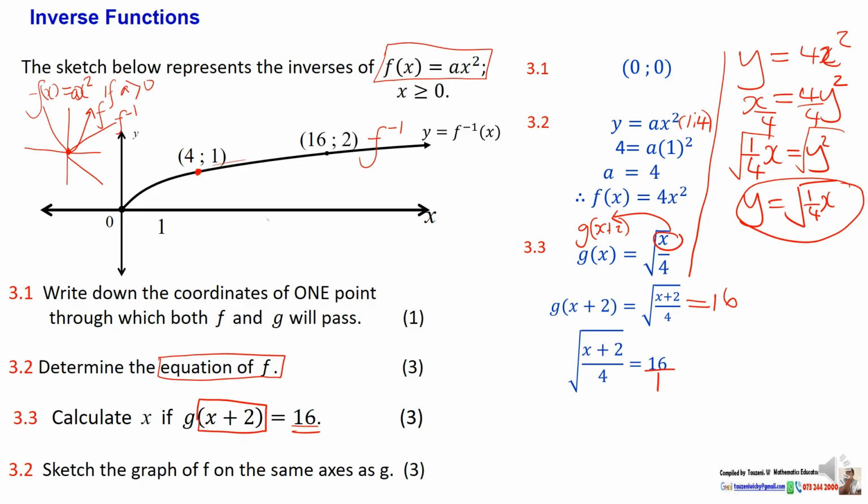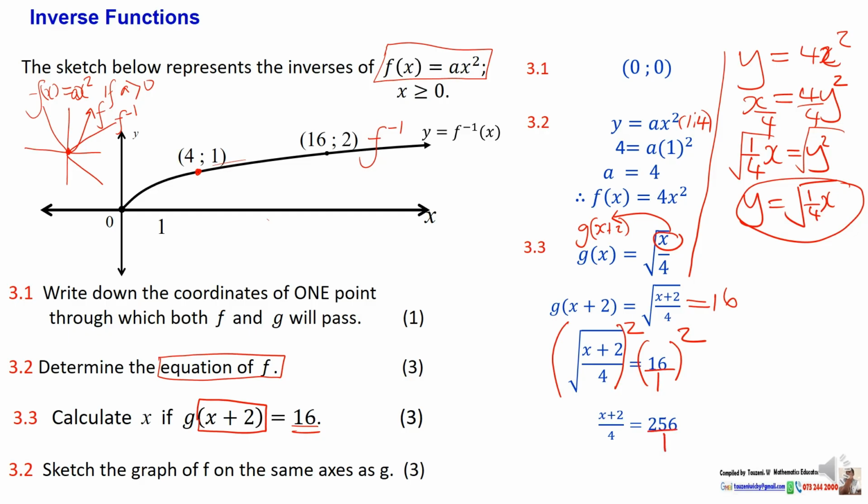If we cross multiply here, we can't cross multiply because there is a square root. So basically, we have to square both sides. This side squared, that side squared to get rid of the square root. So it will give us x plus 2 over 4 is equal to 256 over 1.